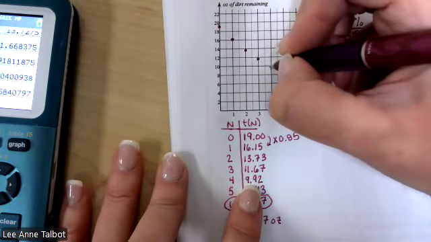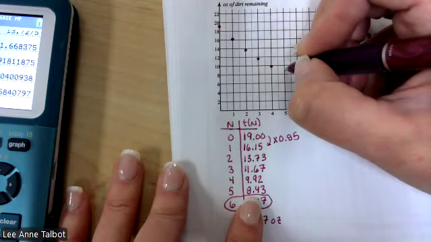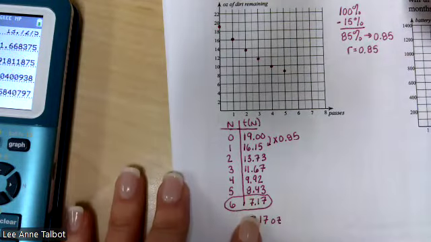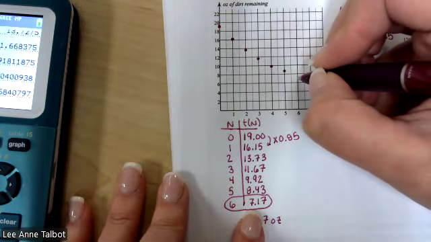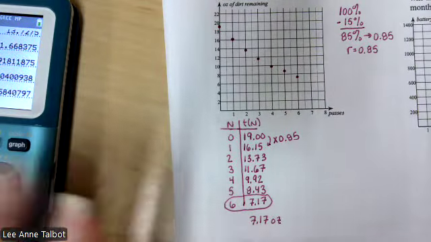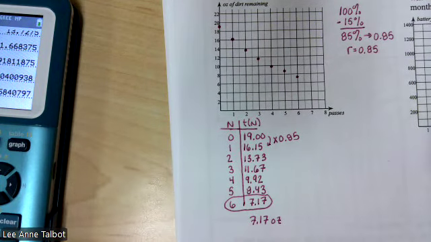Almost 10. 8.5. 7.2. I'm really hoping that you kind of start to see that curve. Do you see how it's starting to make a curve? Don't connect it. Leave it.